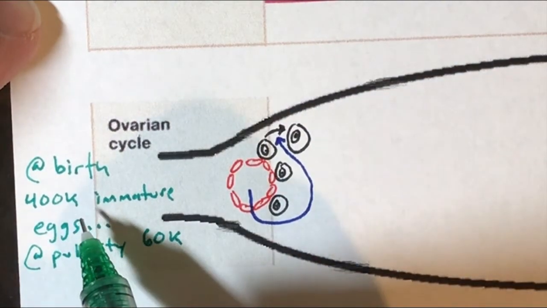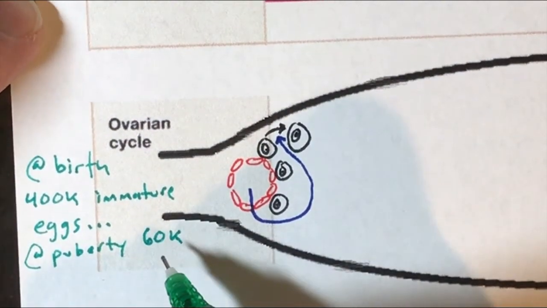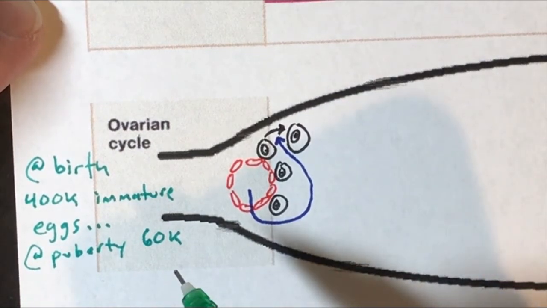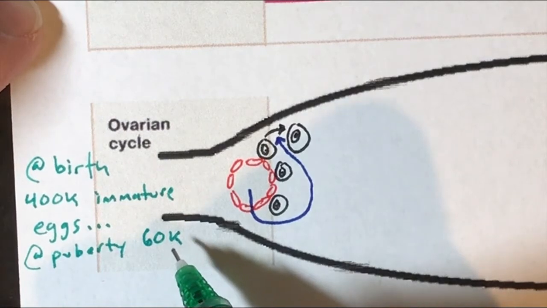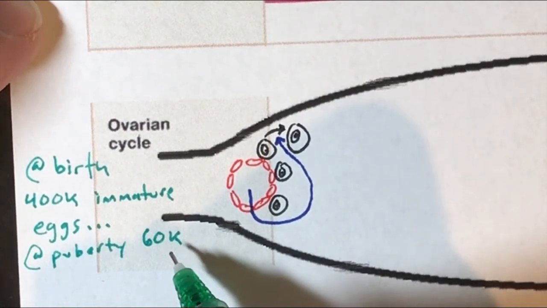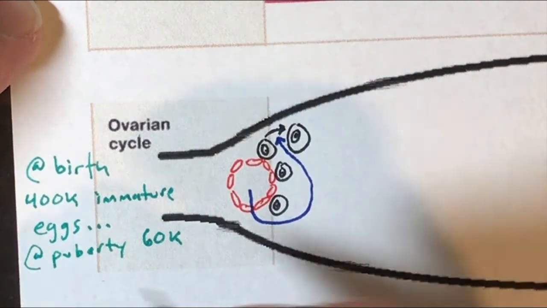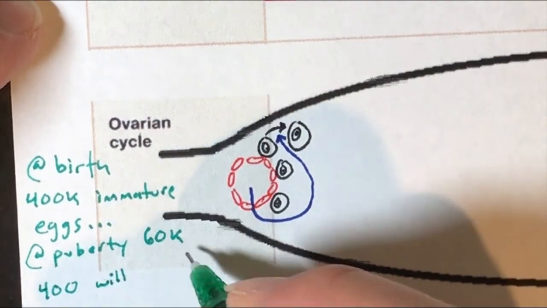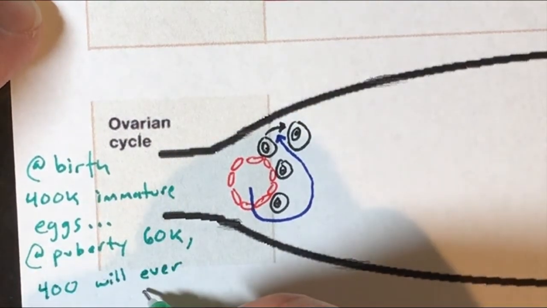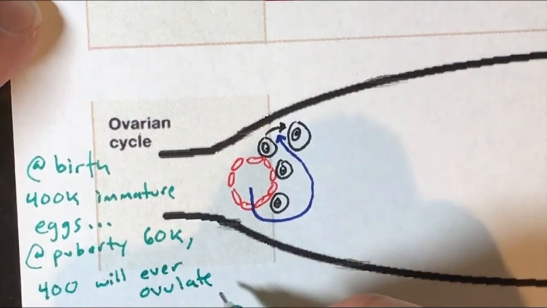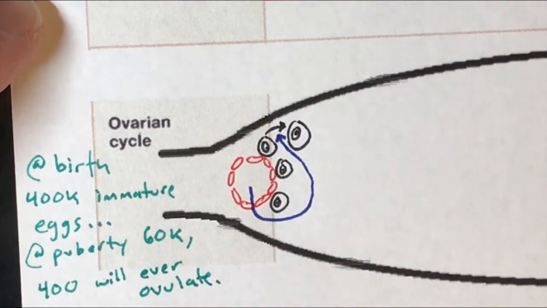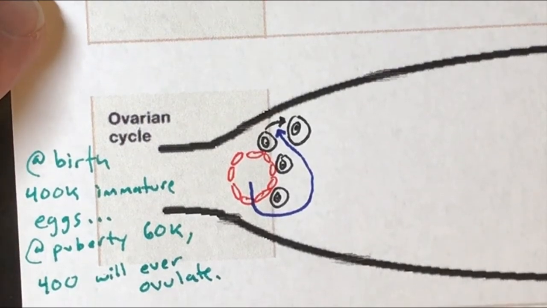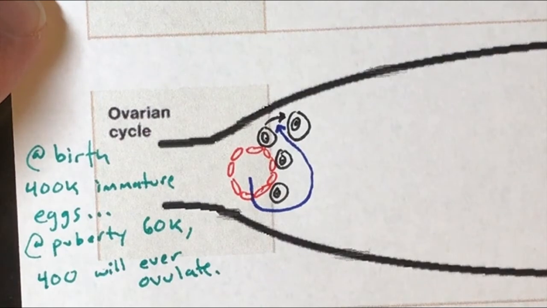So the majority of those immature eggs start to die off by the time puberty's coming around. And then out of these 60,000 immature eggs, only roughly 400 will ever ovulate, will ever be released from the ovary. The rest essentially will be dying off.